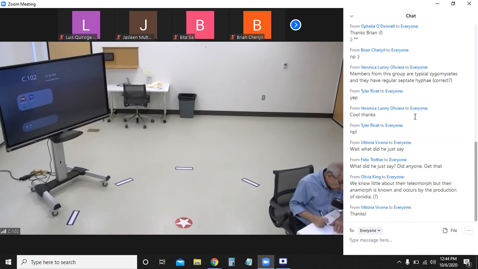Almost 90% of all higher plants should have some sort of mycorrhizae in their roots.